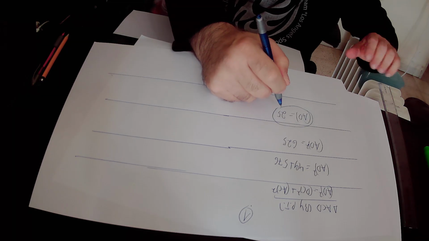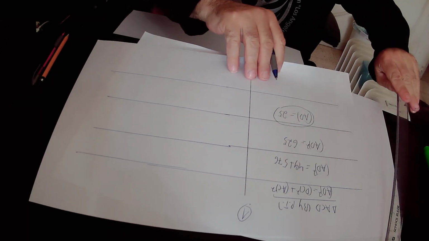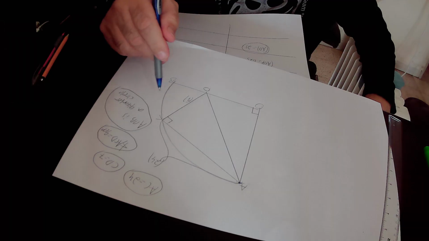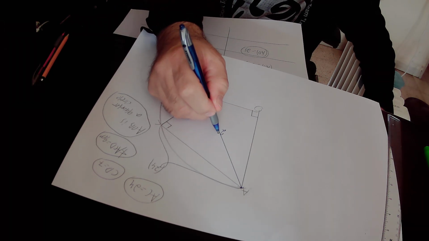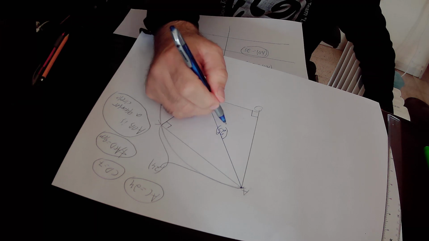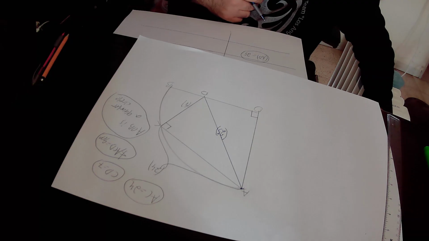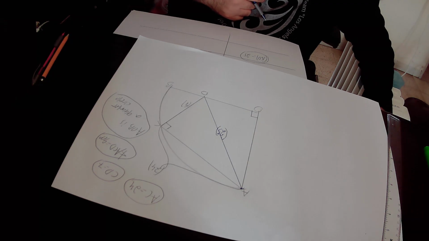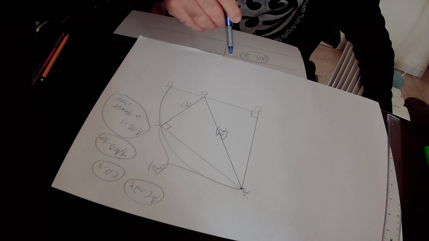So we found that the length of the hypotenuse of this right triangle ACD is 25 units. In the next step, we complete this quarter circle to a circle.